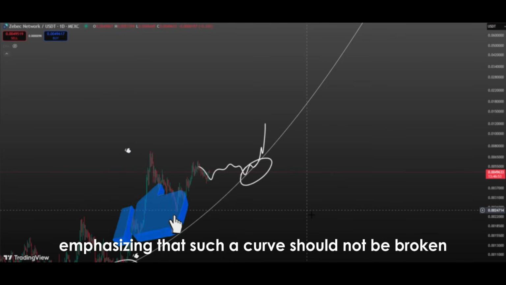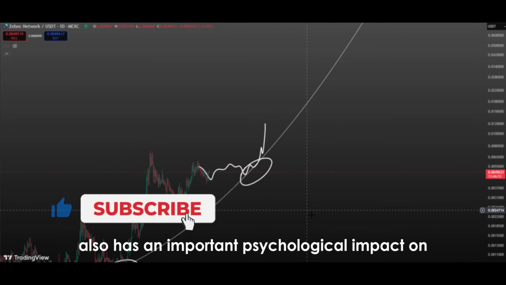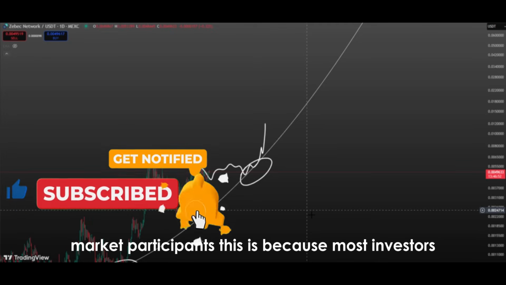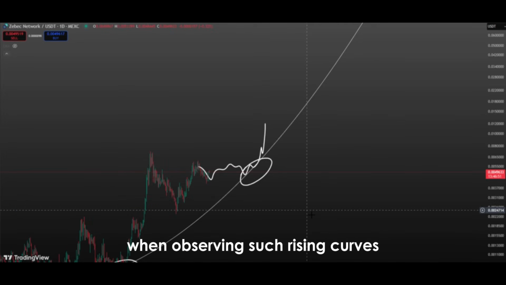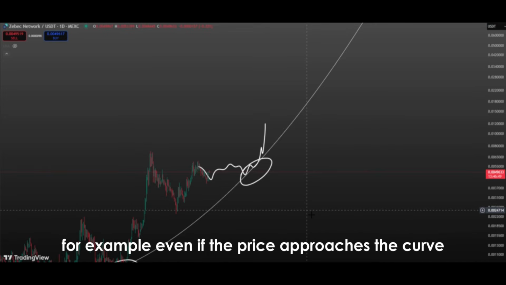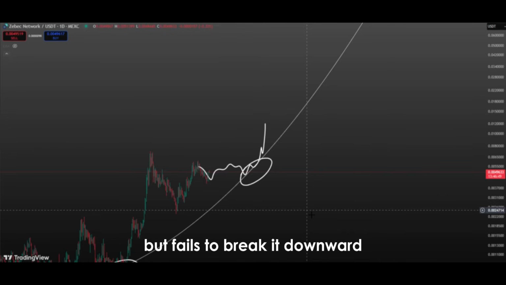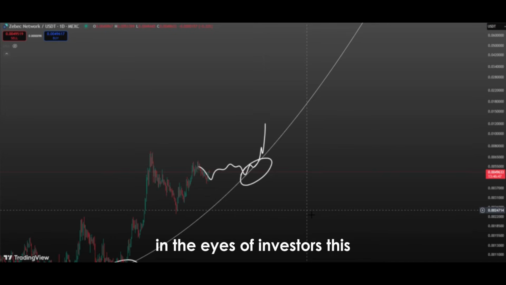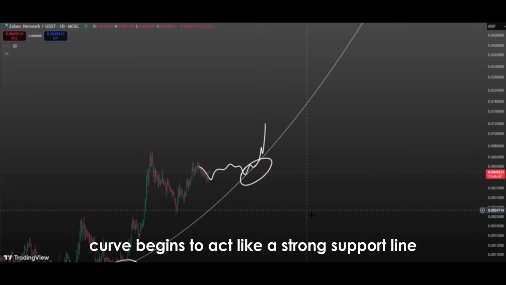Emphasizing that such a curve should not be broken also has an important psychological impact on market participants. This is because most investors, when observing such rising curves or trend lines on charts, tend to shape their trading decisions accordingly. For example, even if the price approaches the curve but fails to break it downward and instead manages to bounce back up, in the eyes of investors, this curve begins to act like a strong support line.